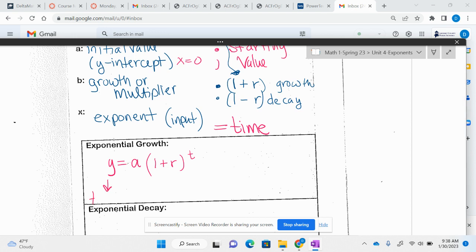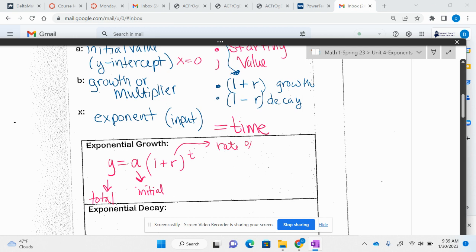So remember that y is the total amount. It's what you have when you're all done. A is your initial value or your starting value. R is your rate given to you as a percent, and we're going to transform that to a decimal. And then t is your time.